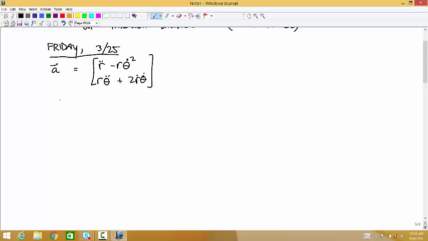For this, r as a function of time is sine of t, so r dot is cosine of t, and r double dot is negative sine of t.